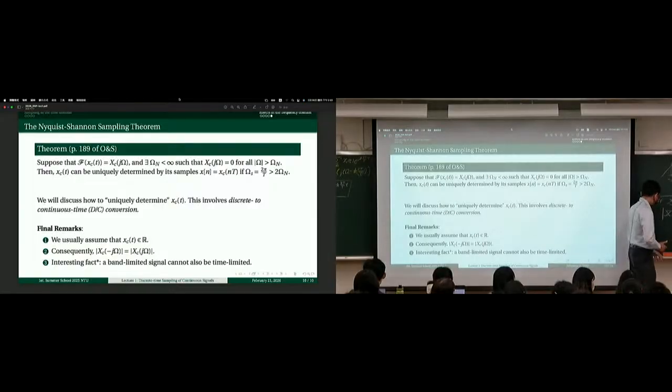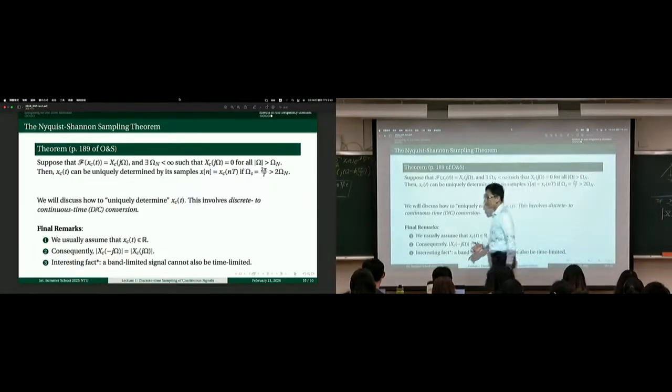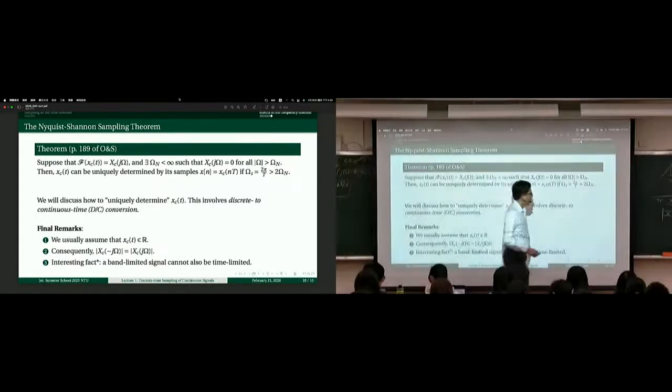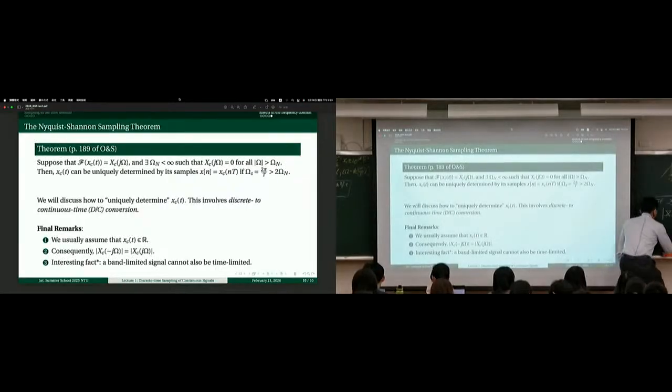So let me just take the chance to also introduce to you the definition of phase. The phase of a spectrum is denoted by an angle, right?